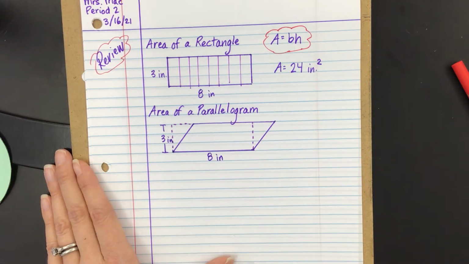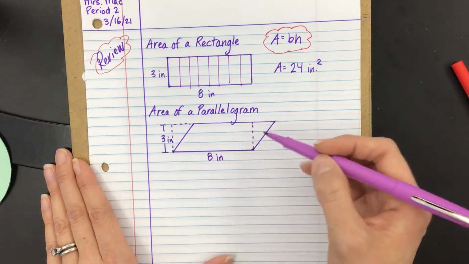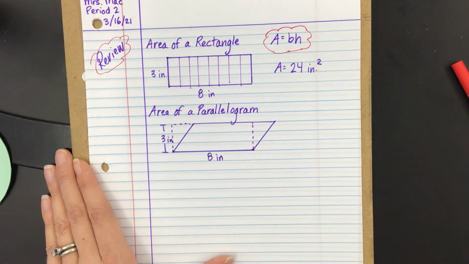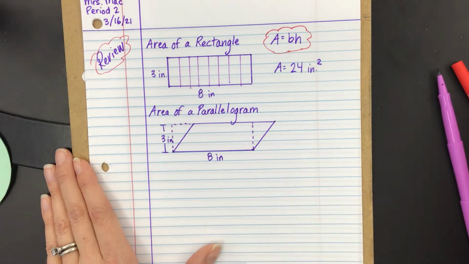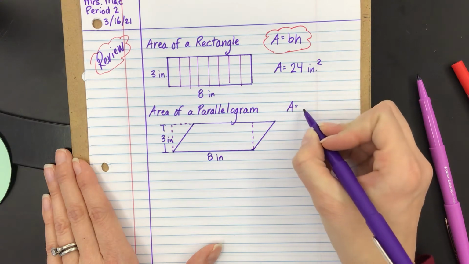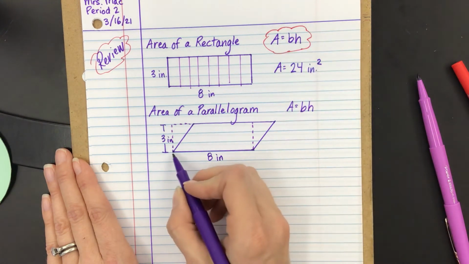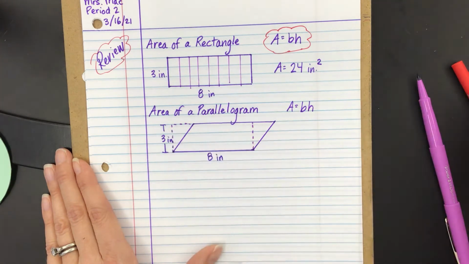Okay, so we find the area of a parallelogram by doing base times height, because every parallelogram can be turned into a square or a rectangle. Okay, so the formula for the area of a parallelogram, I'm going to use the exact same thing as I did above. It is your base times your height.